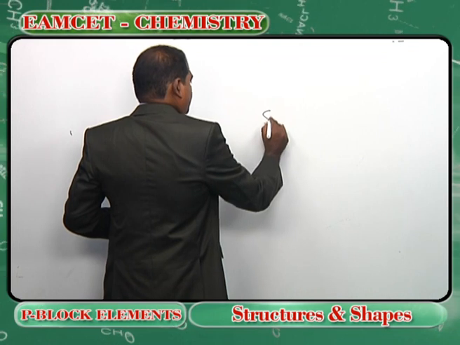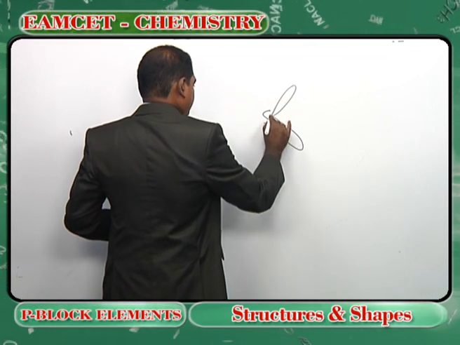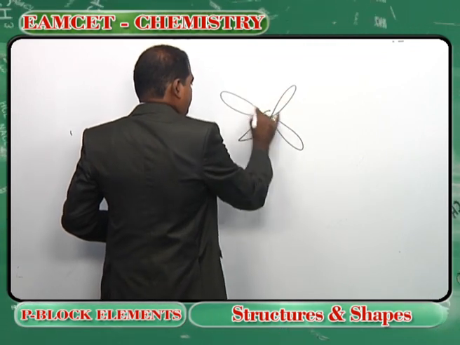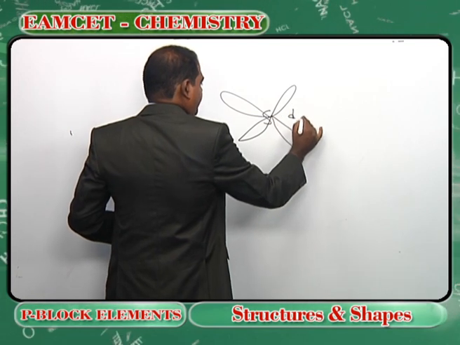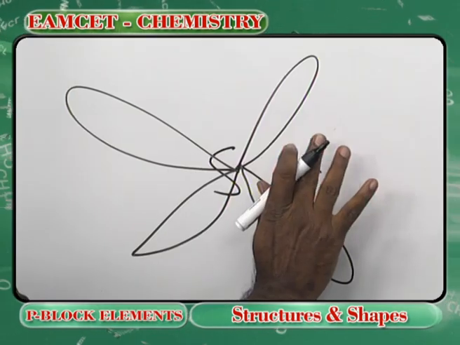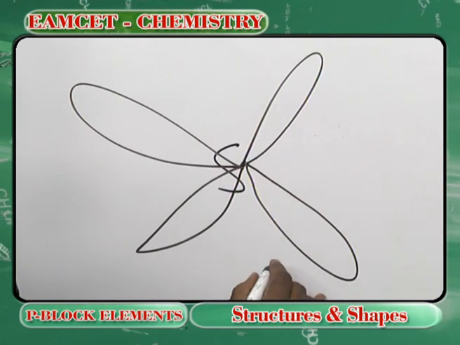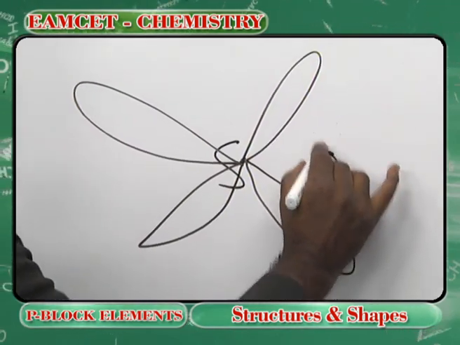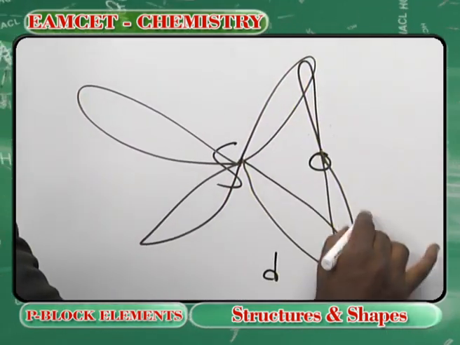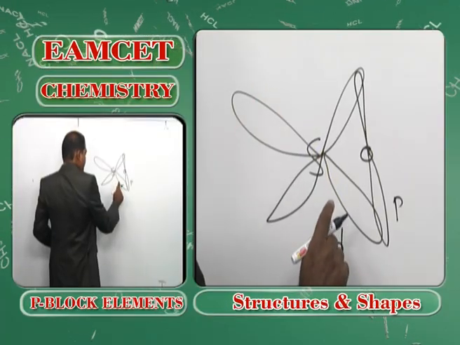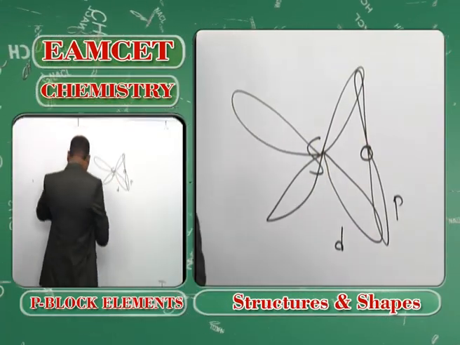The d orbital of sulfur and the p orbital of oxygen. So, this is called a d pi p pi bond.